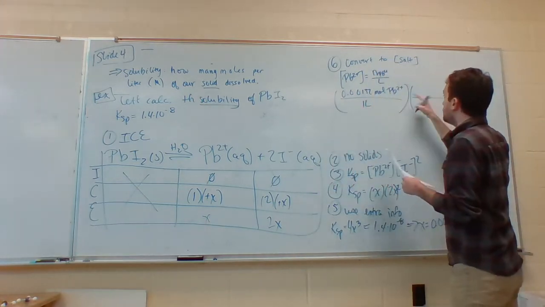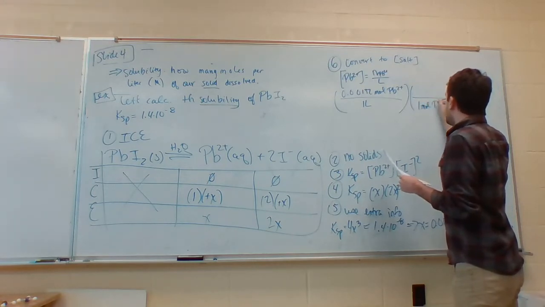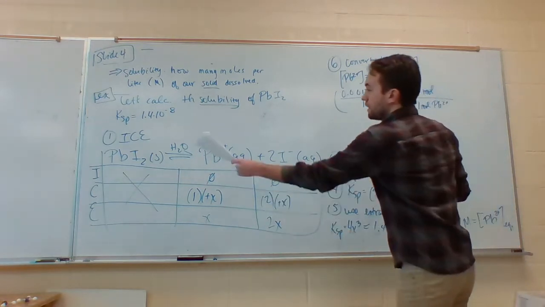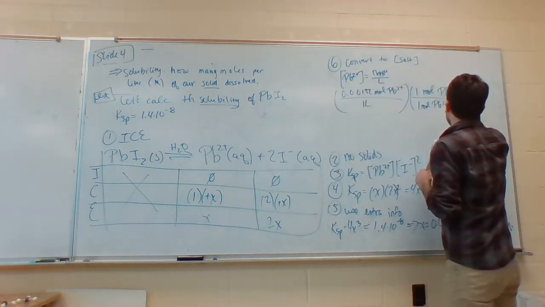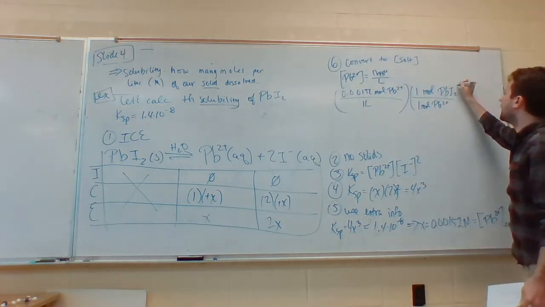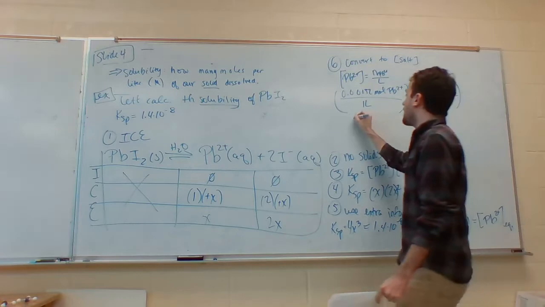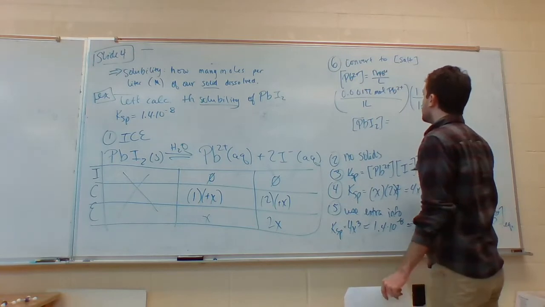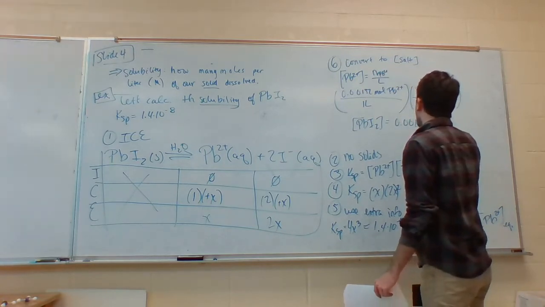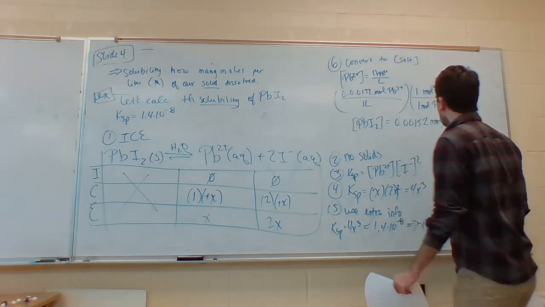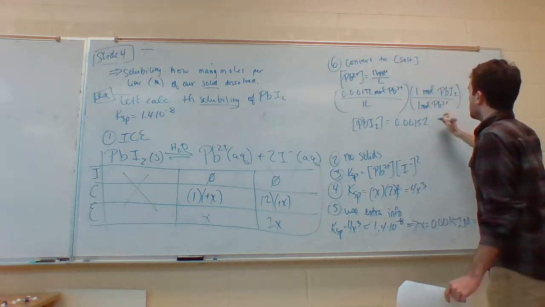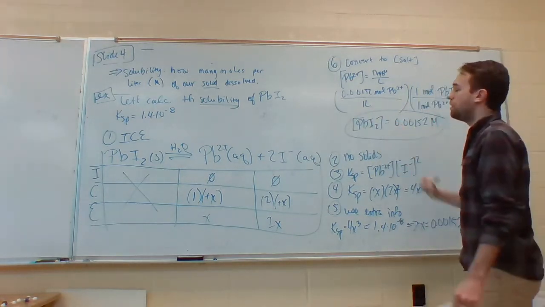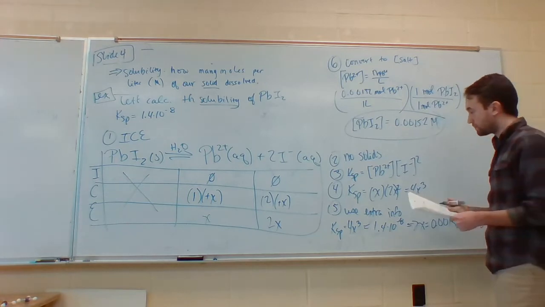Then I'm going to use the fact that 1 mole of Pb2+ had to come from 1 mole of PbI2. So my concentration of PbI2 is equal to 0.00152 moles per liter, which is molarity. This is my solubility of the salt.